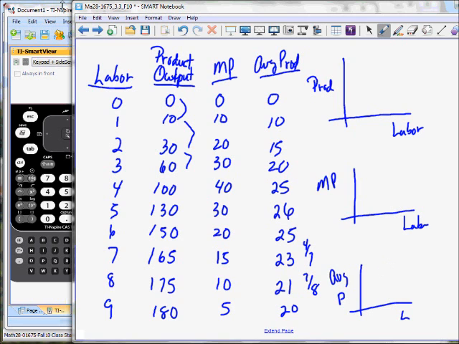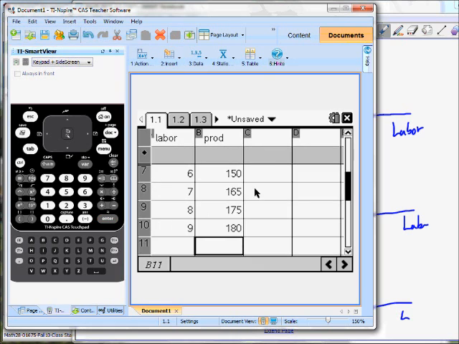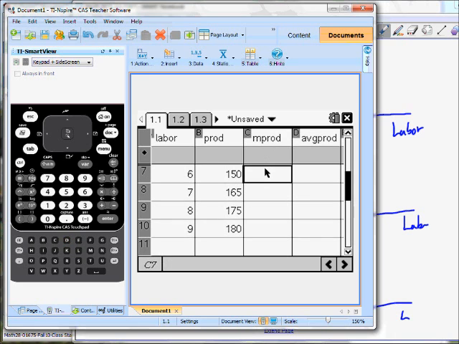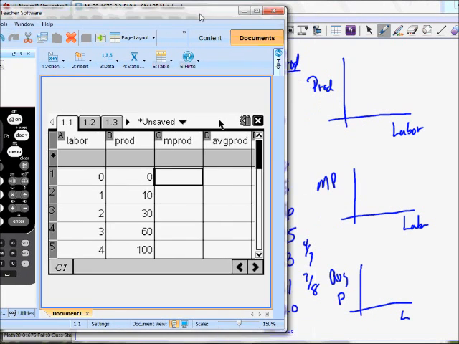Okay, so if we wanted to duplicate that with this, I'd come over here and do, I'm going to say marginal product, and I'm going to say over here average product, and I'm going to put those values in. Oops, and what values do we have?